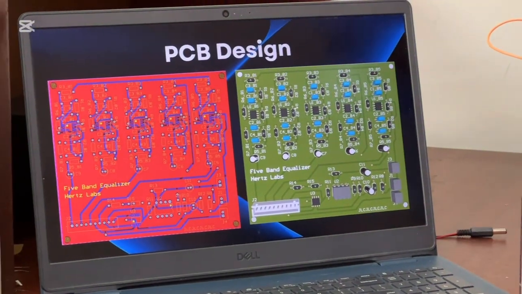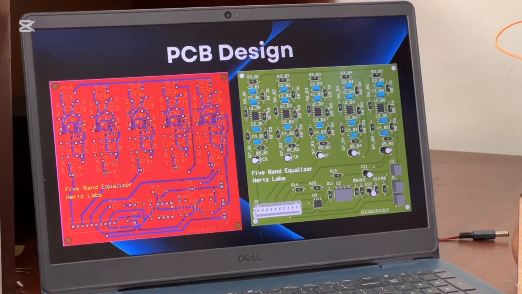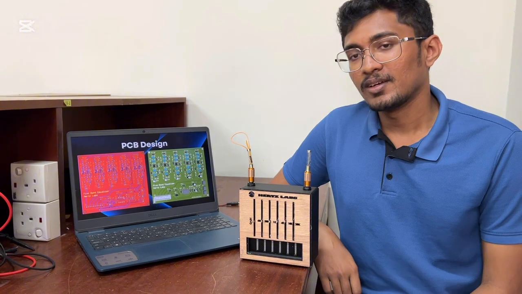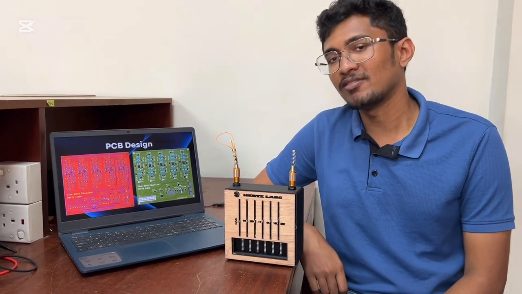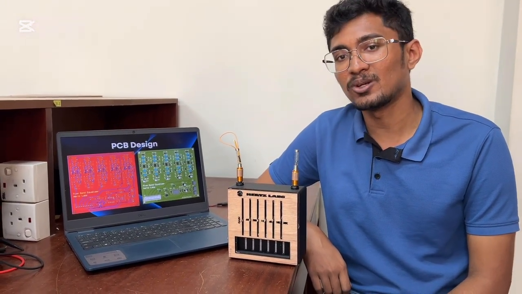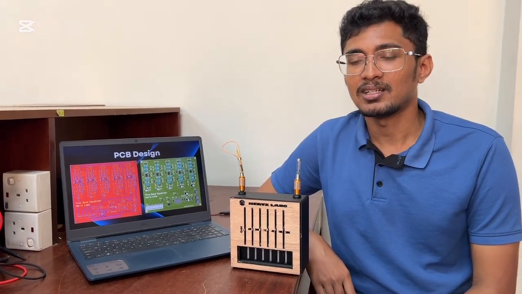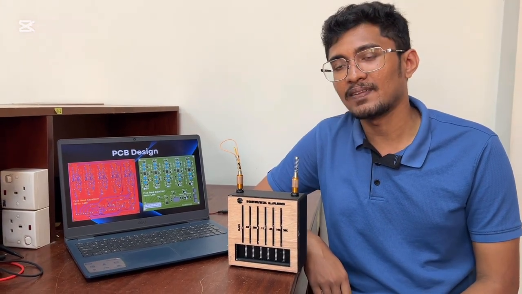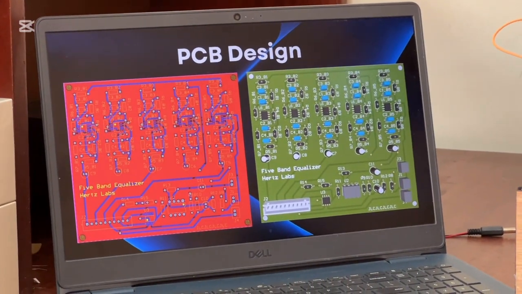The PCB design was done to minimize the noise effects from the background, and also we have tried to replicate each filter band in the same way, so that it has a pleasing look and also avoids the distortions that can happen with varying degrees, which is minimized by implementing these filters in the same way.